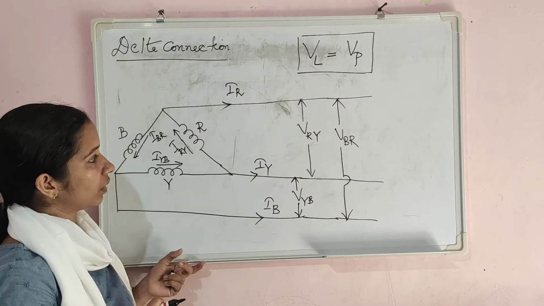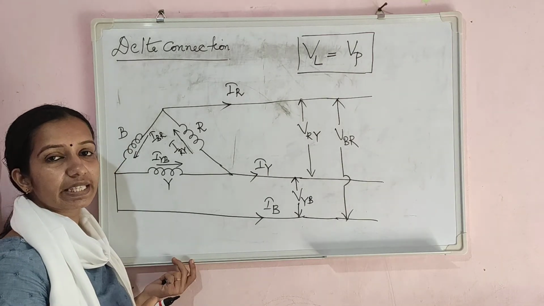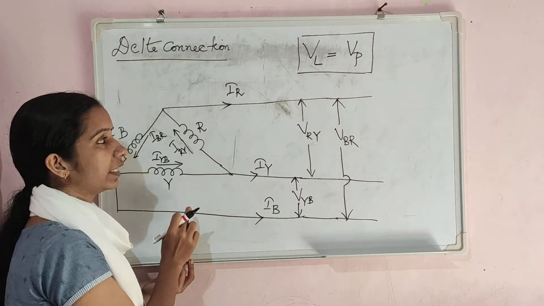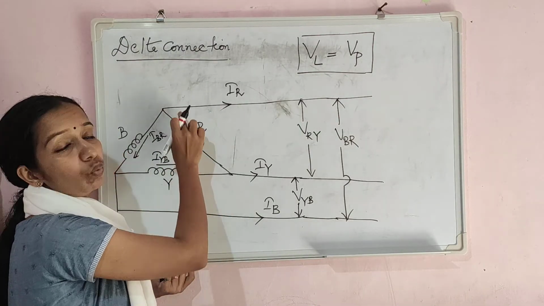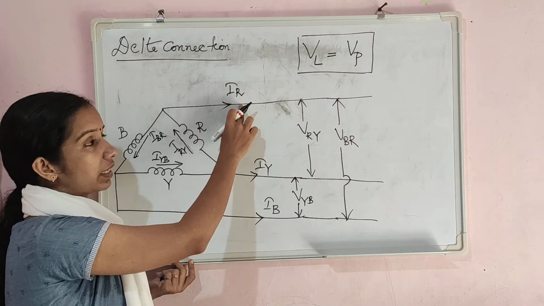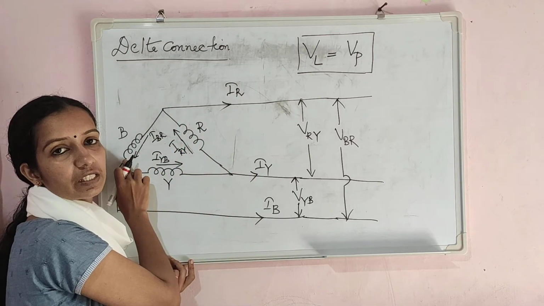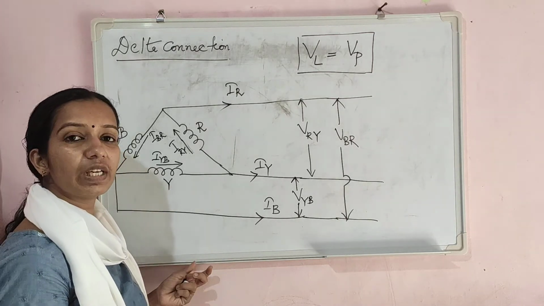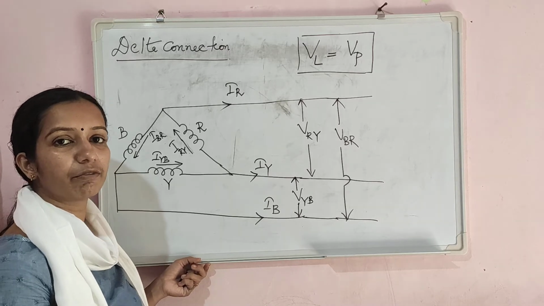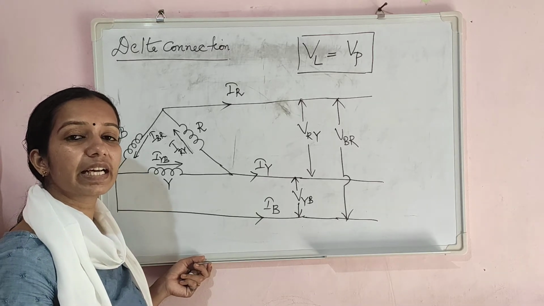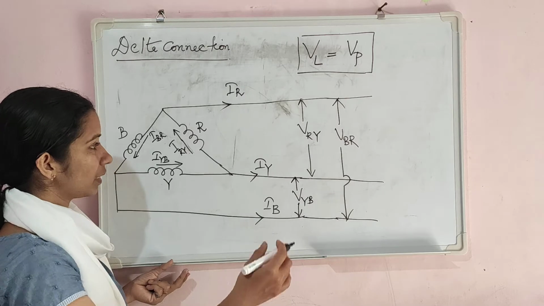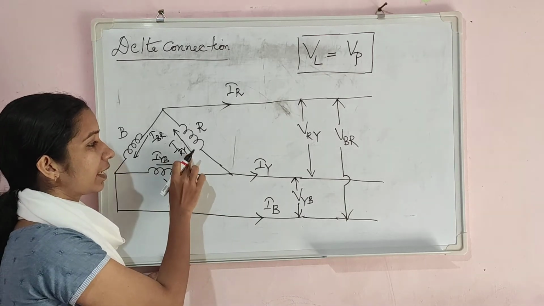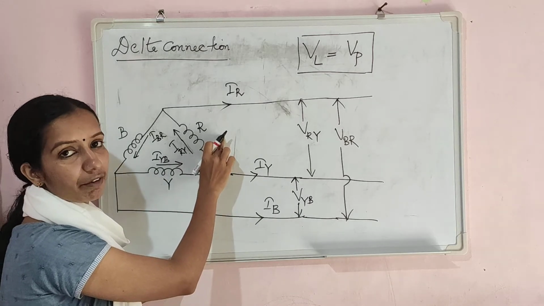Now regarding the line current and phase current, they are different. IRY is the current flowing through this phase winding, which gets divided into two. A part is flowing through this line, remaining through this phase. So we need to derive an expression relating the line current and the phase current. Let us consider any one line current, this current IRY flowing through R phase.